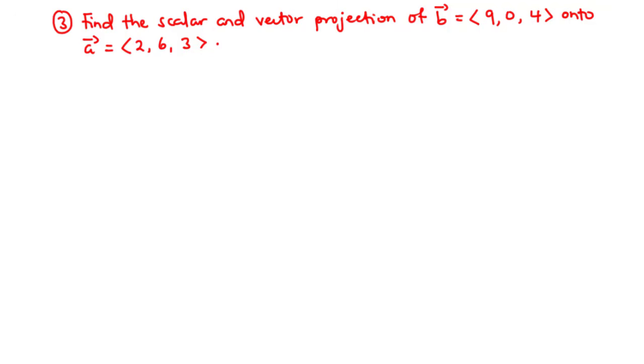For example 3, find the scalar and vector projection of vector B, which has components 9, 0, 4, onto vector A with components 2, 6, 3. Let's solve this question together.